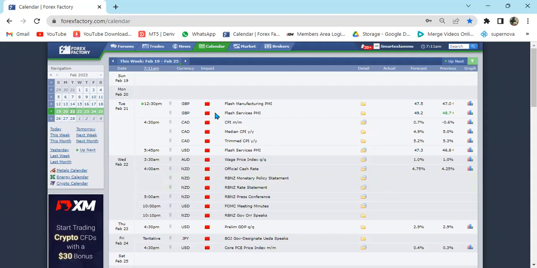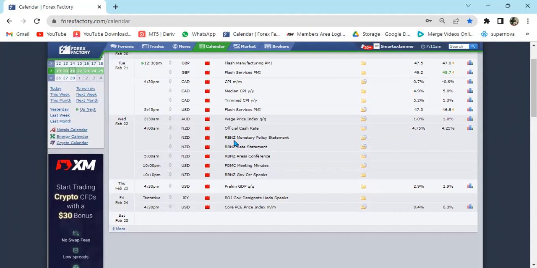Later during London close, we'll have CPI for CAD, and then later PMI for USD.